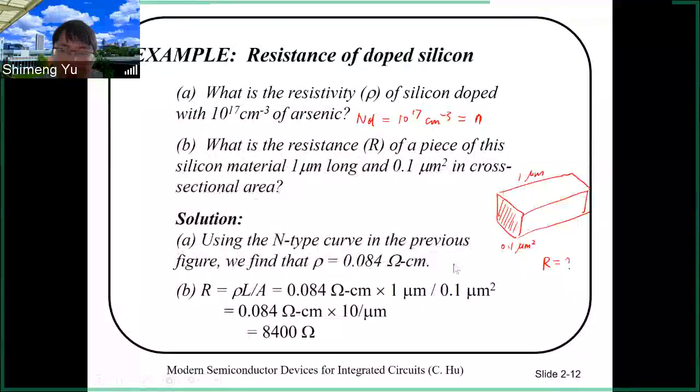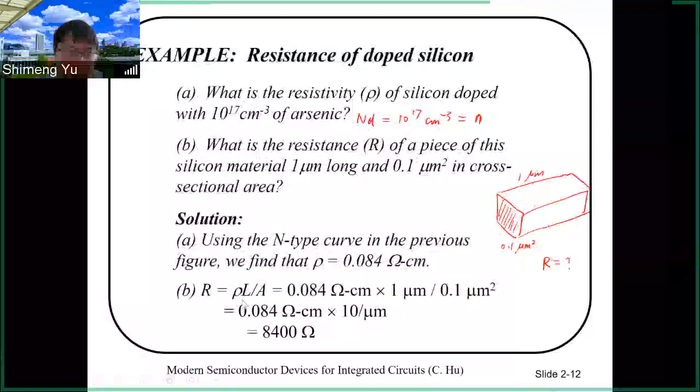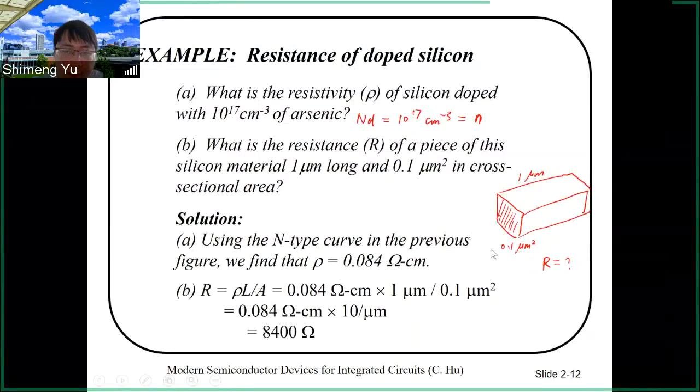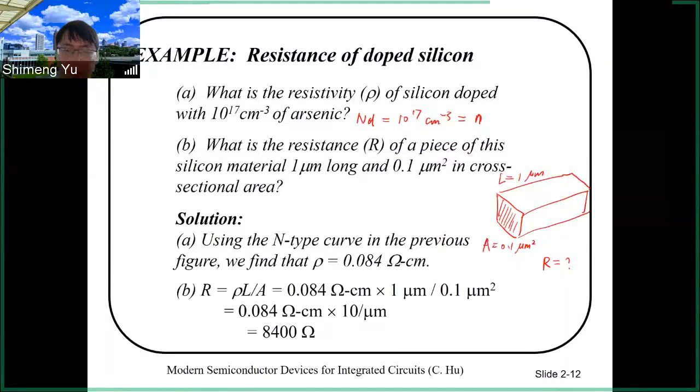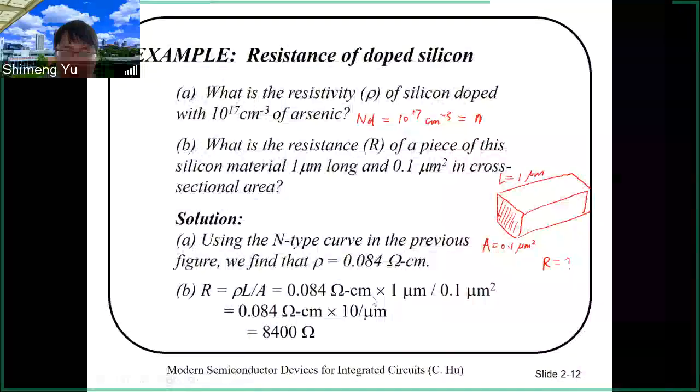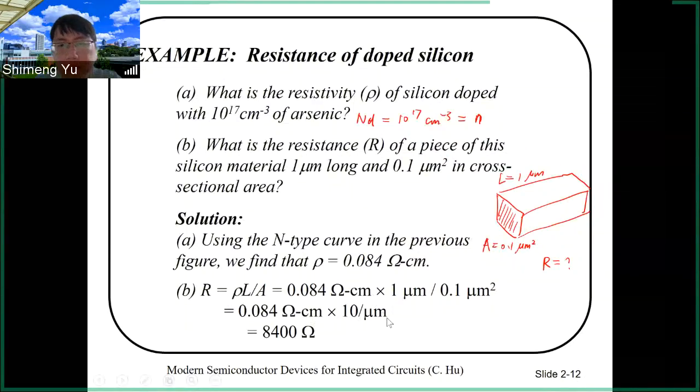And then for the resistance, we just plug in the resistance formula: resistivity times L divided by A. This is L, this is A, the area. Then we plug in the numbers, and we need to change the unit to centimeter, as we discussed in this class, the length will use the centimeter as the unit. If you do that, it will be like 8400 ohm in this case.